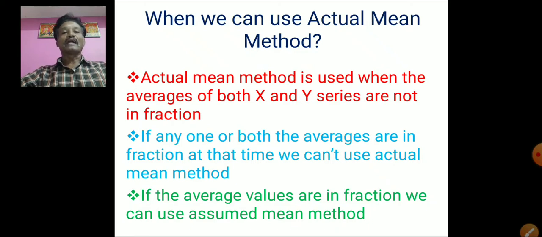To avoid that, when the x bar and y bar values are in fraction, we go for the assumed mean method. Otherwise we can use the actual mean method. Students, are you clear? If the x bar and y bar values are not in fraction, we can apply the actual mean method. Okay.